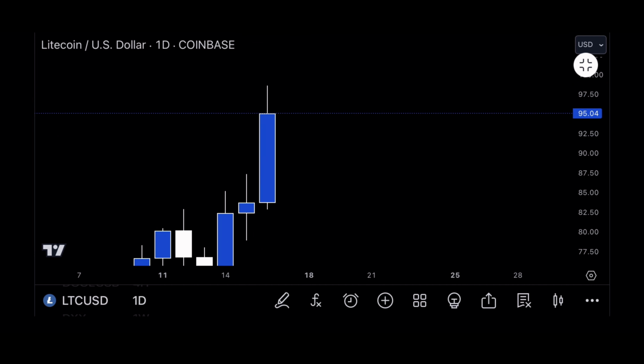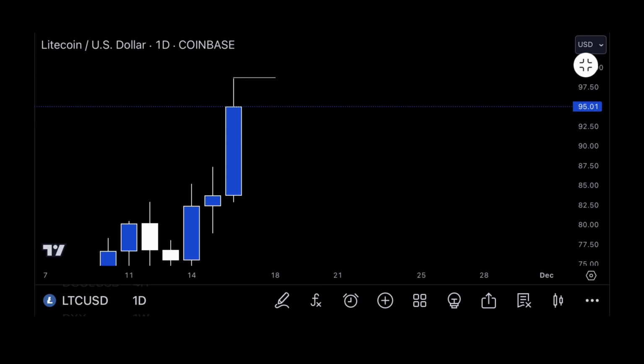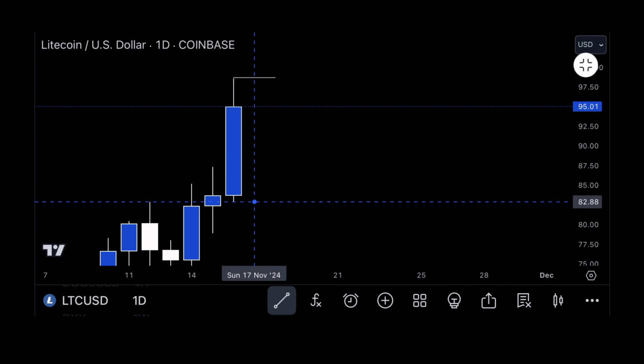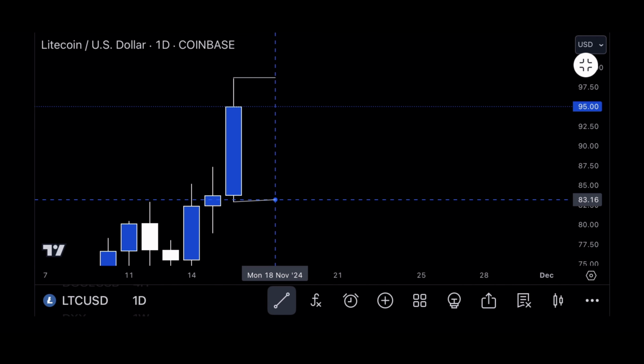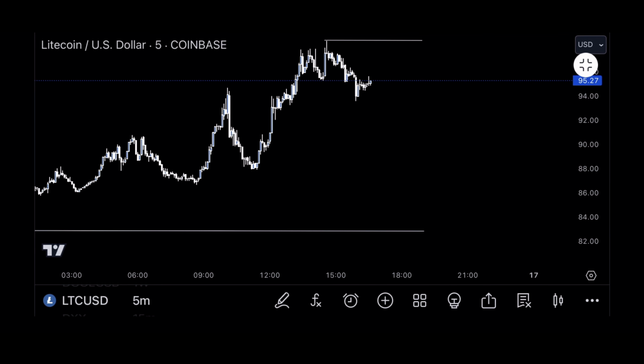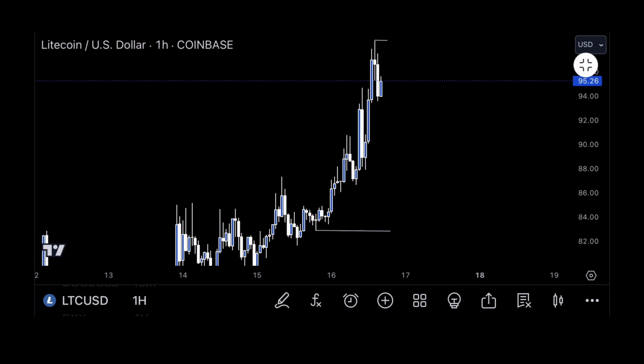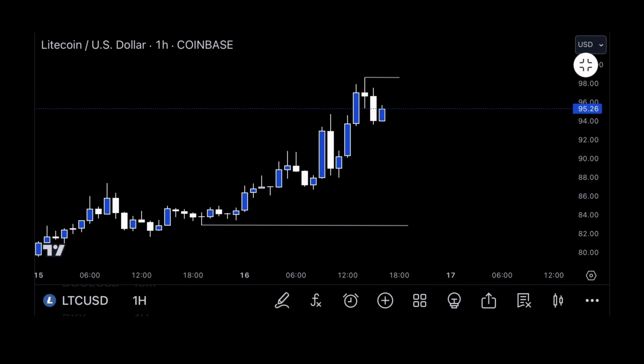But I first mark out my high of the day and low of the day anytime I hop on the chart, to keep my chart clear. Then I hop on the 1 hour time frame to see more details about the market.